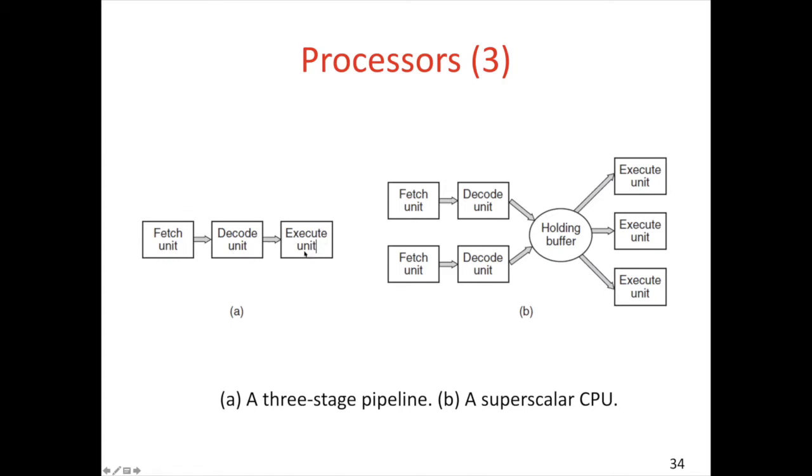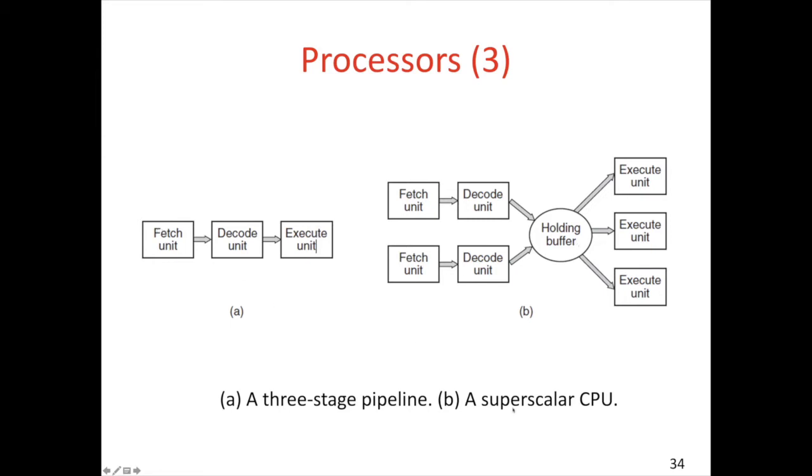And execute unit executes the instruction. In a three-stage pipeline, when the executing unit is executing a decoded instruction, meanwhile, the decode unit may be decoding the next instruction and the fetch unit is fetching the next instruction to be decoded.